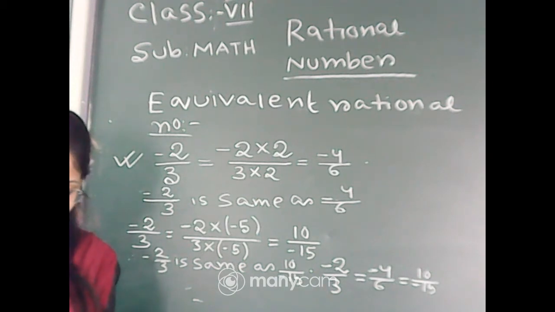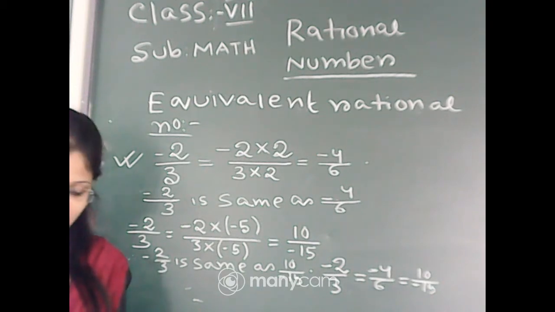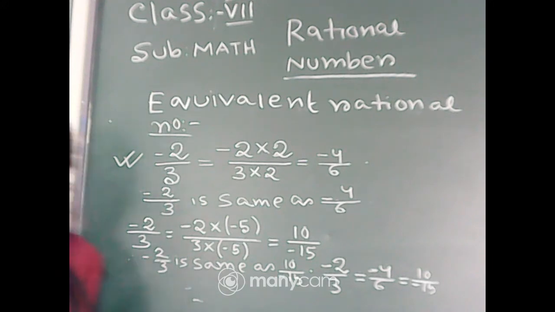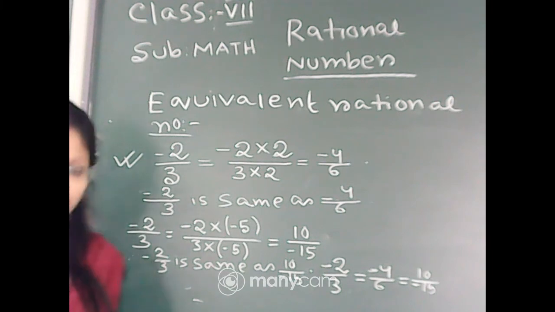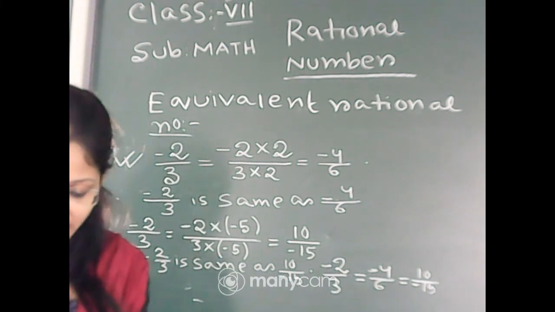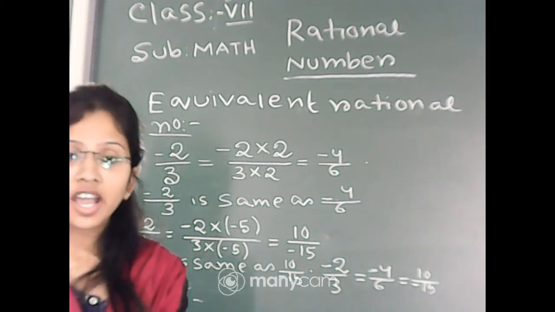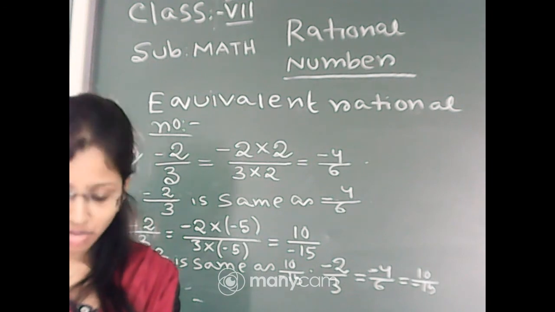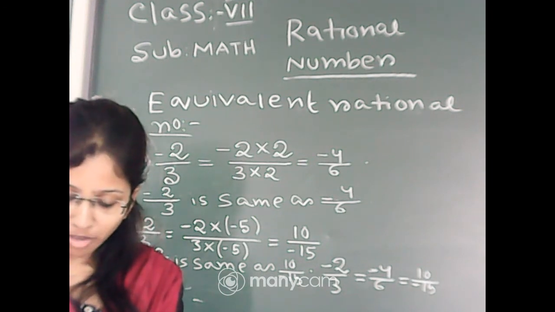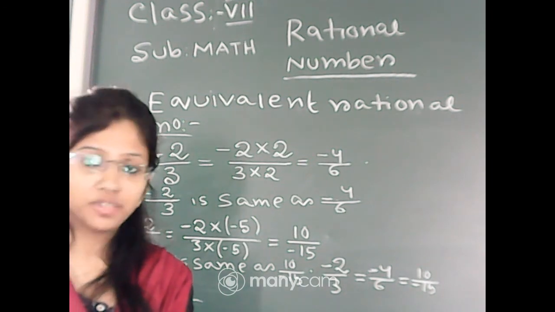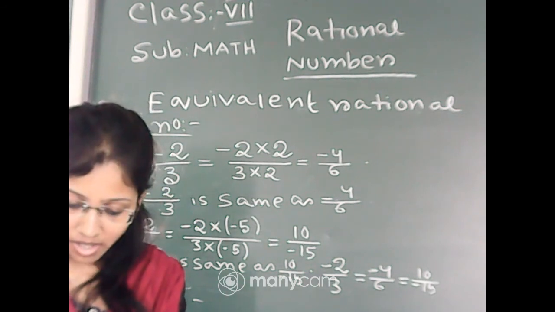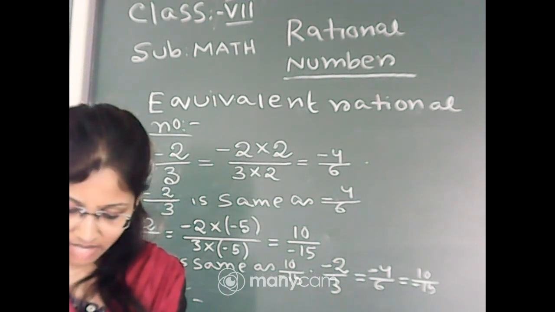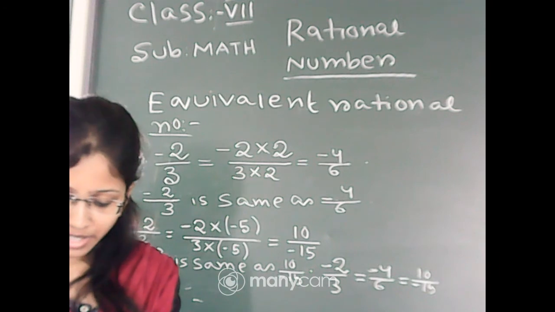Such rational numbers that are equal to each other are said to be equivalent to each other or equivalent rational numbers. Therefore, we see that by multiplying the numerator and the denominator of a rational number by the same non-zero integer, we obtain another rational number which is equivalent to the given rational number.